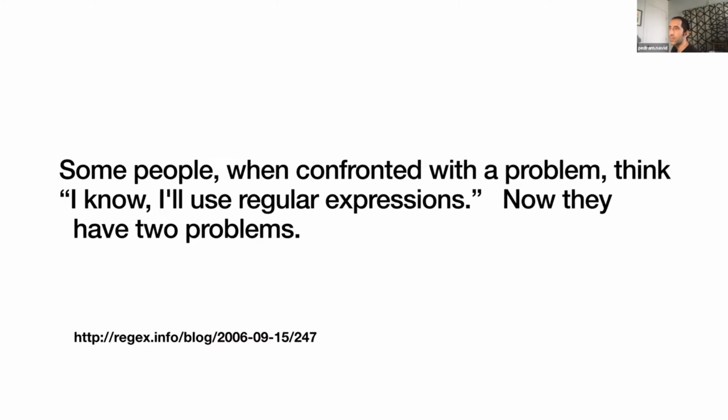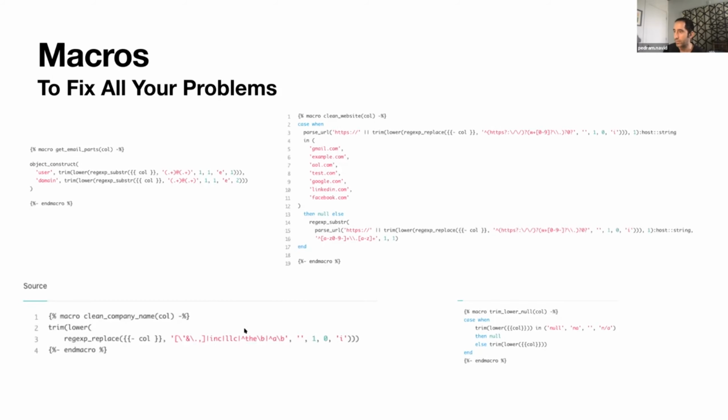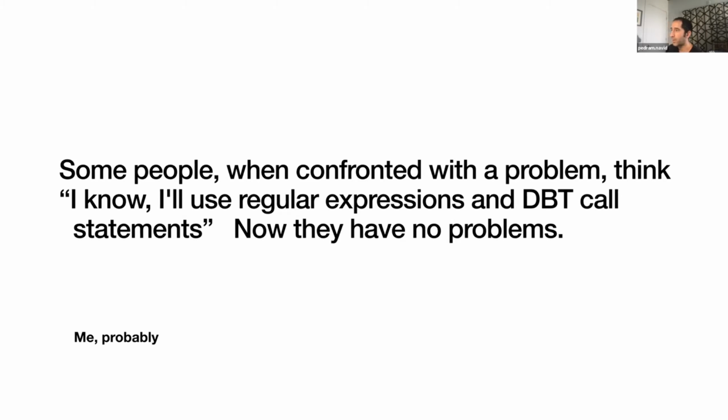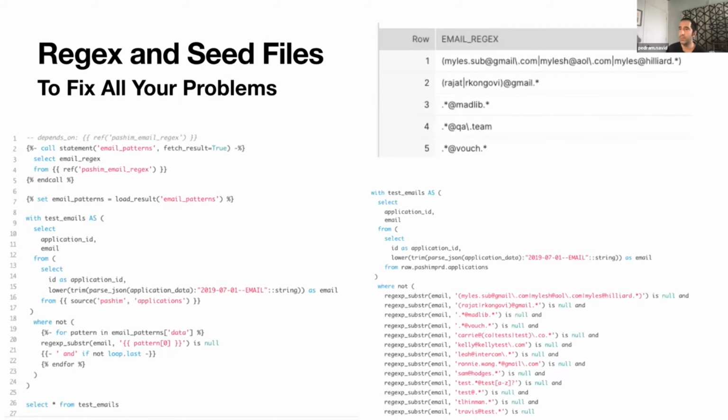You won't regret it. Regular expressions, I'm sure you've seen this quote. If you start using them, you're going to have problems, as you saw in this slide where I forgot the slashes. But if you use DBT call statements, somehow all your problems go away. And if you're wondering what a DBT call statement is, I didn't know until I had a problem that it would solve.